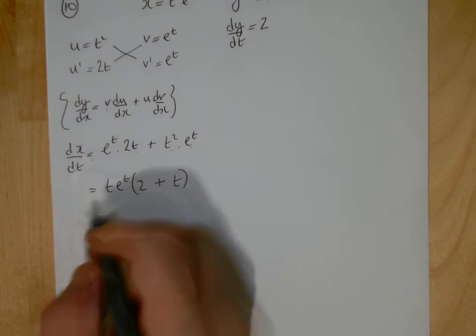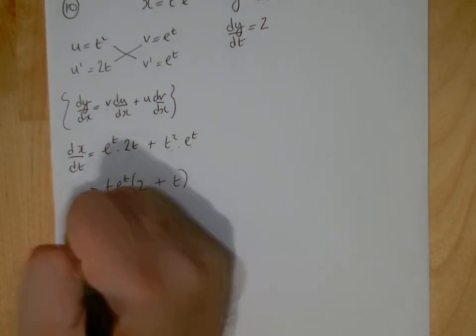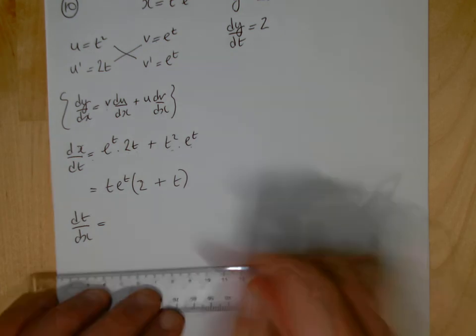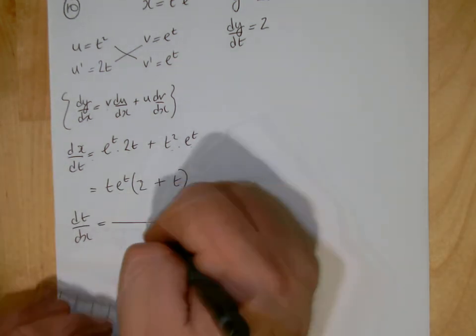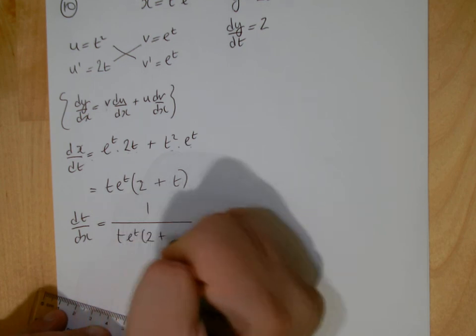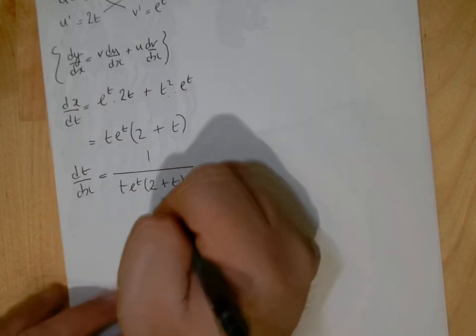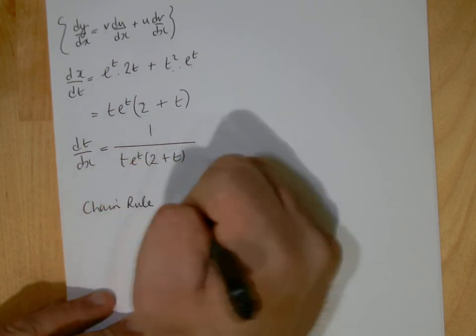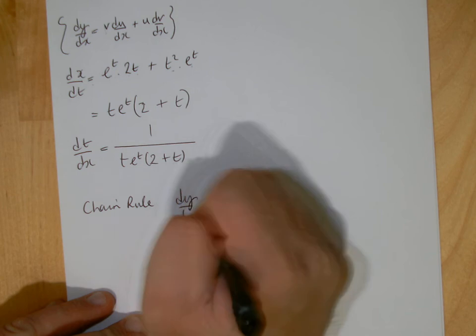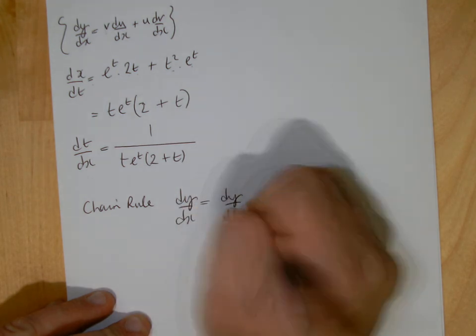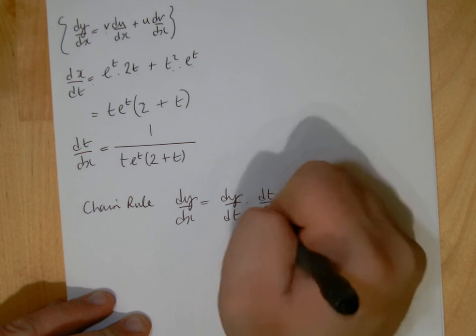And that's dx dt. Remember then, we flip it to get dt by dx. So you just have to write it as 1 over all of that. So then, using the chain rule, dy by dx, well, dy is on top, so dy dt times dt dx.